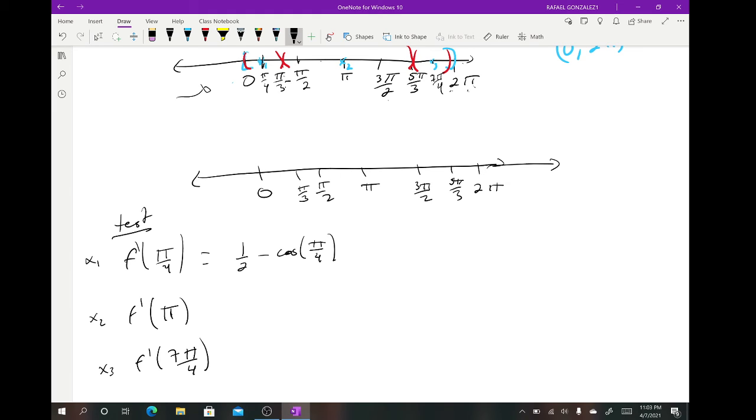In any case, cosine of pi over 4 is, let's see... I'm really going to have to use my reference triangles.